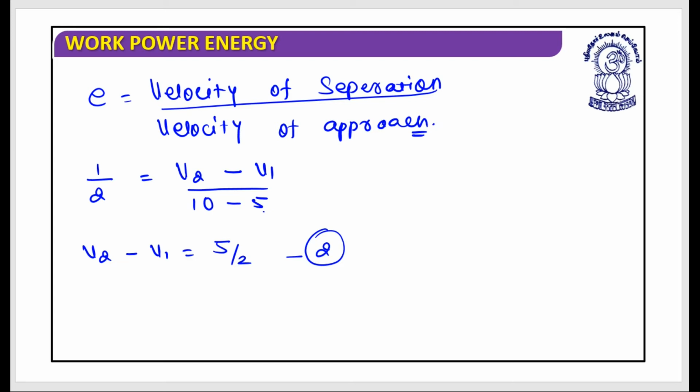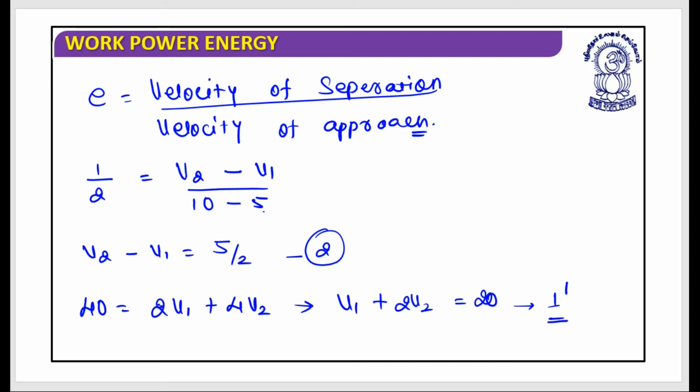And my first relation was 40 equals 2v1 plus 4v2. Let's rewrite this as v1 plus 2v2 equals 20 meter per second. This is relation 1 dash. I hope this is clear.